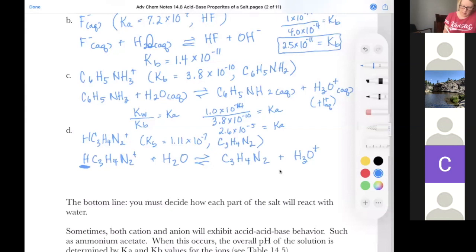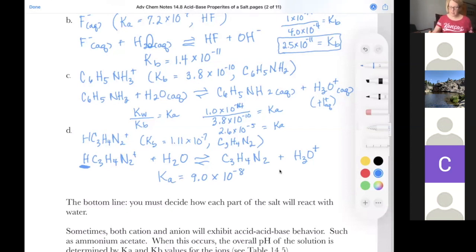So then I got 9.0 times 10 to the negative 8. That is correct. I'm sorry, my book actually has it messed up. So you're right, 9.0 times 10 to the negative 8. Oh, but that's not Kb, sorry. It should be Ka. And there we go. All right.